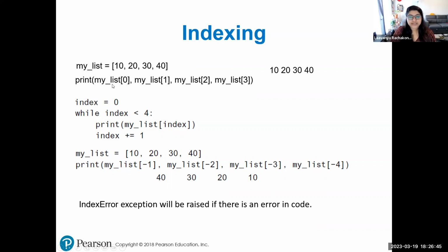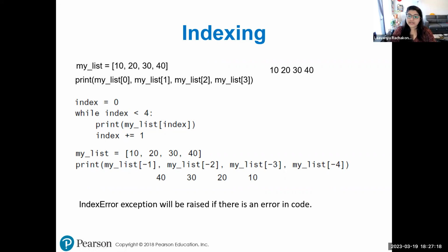So the variable that is assigned to your list, that is my list here, square brackets, index, close the square bracket, comma, my list, next index, comma, my list, next index, comma, my list, next index. Once you have this statement done, the output will be for the position 0, your element 10. For position 1, you will see the element 20. For position 2, the element is 30. For position 3, the element is 40. So the output is 10, 20, 30, 40.